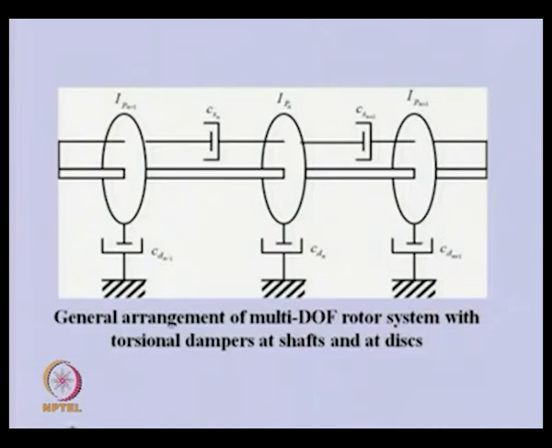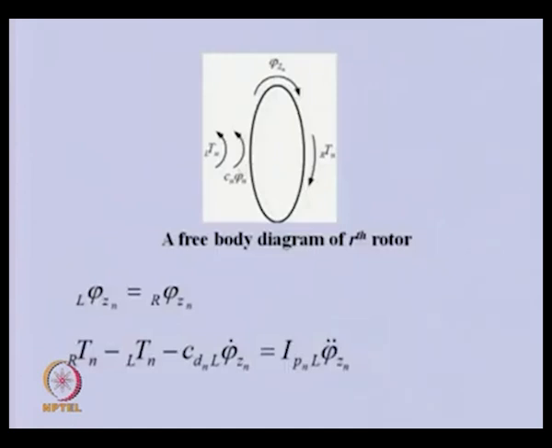So, to develop the transfer matrix, that is the point matrix and the field matrix, as we did earlier, we will be drawing the free body diagram, let us say first of the disc.